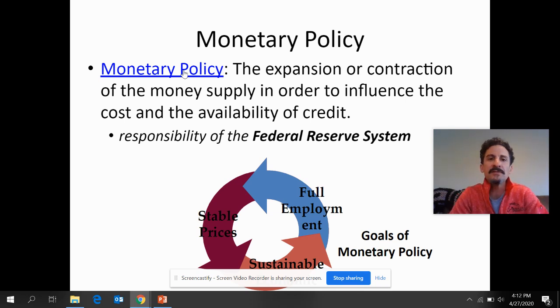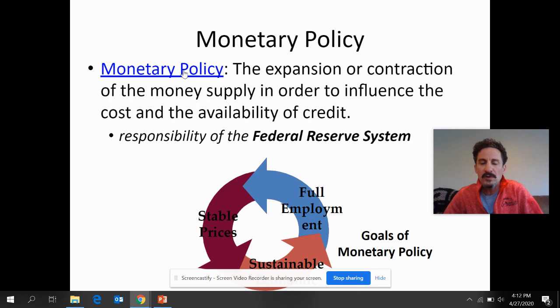Monetary policy is the expansion or contraction of the money supply in order to influence the cost and the availability of credit. This is controlled by the Federal Reserve, which is the bank of the banks. People do their banking at a bank. Banks have to actually borrow money from a bigger bank, which is called the Federal Reserve.